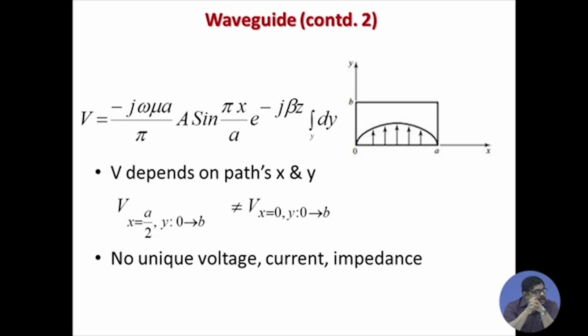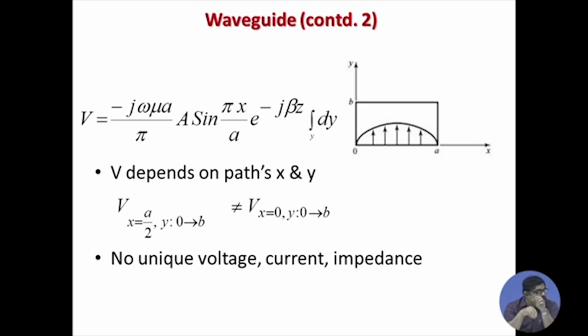Obviously, this V, the voltage, depends on which path we are taking to integrate, and also the values of x and y that we are traversing on the way. So, suppose we take the middle path, that is x is equal to a by 2.